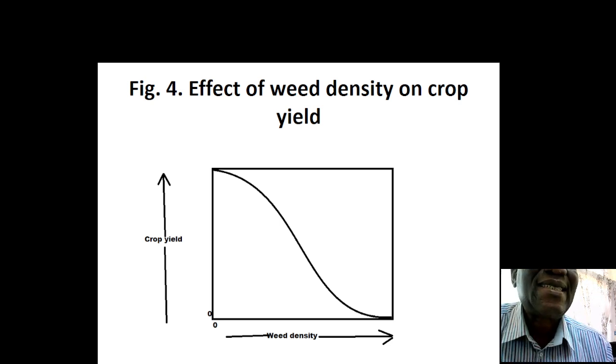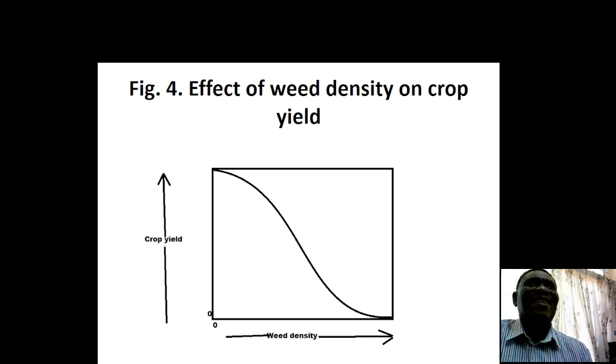Here I just want to use a graph or a diagram which can show the relationship of weed density and crop yield.